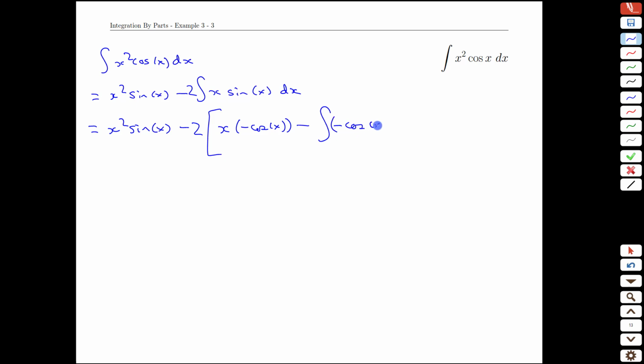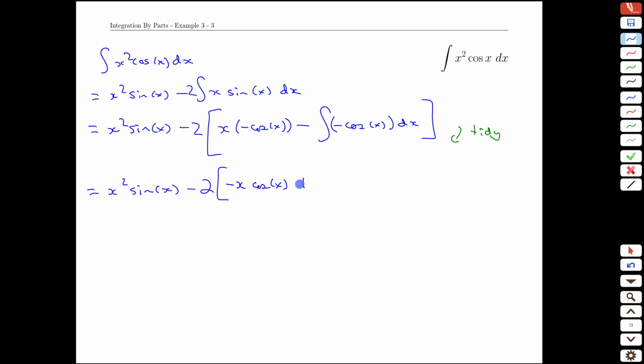So it's very common to have multiple negative signs running around in these expressions. Just be careful how you handle them. But this is a wonderful step forward. Let's do one tidying round just to make sure we can all see that we've made some progress. X squared sine of x minus 2 times negative x cos of x.